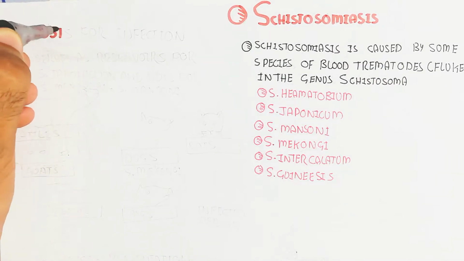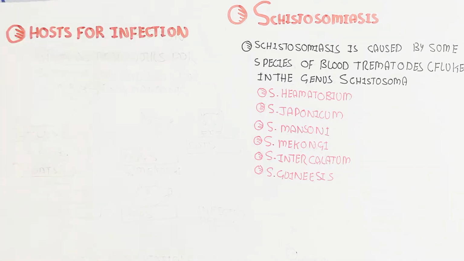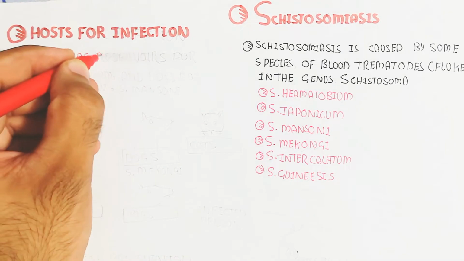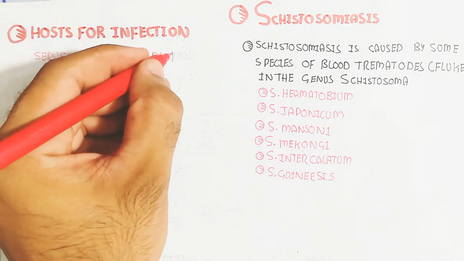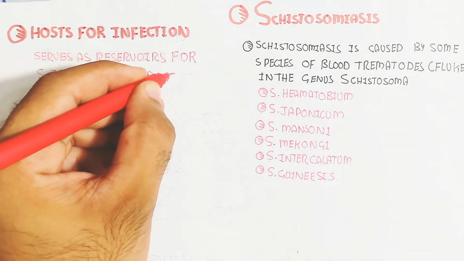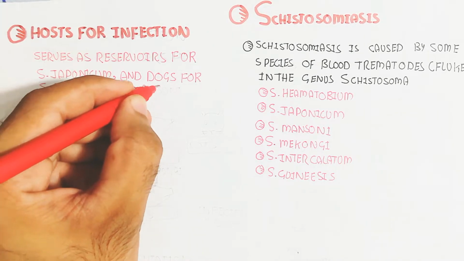So let's begin to understand the hosts for infection. The pig serves as a reservoir for Schistosoma japonicum, and dogs for Schistosoma mekongi and Schistosoma mansoni.